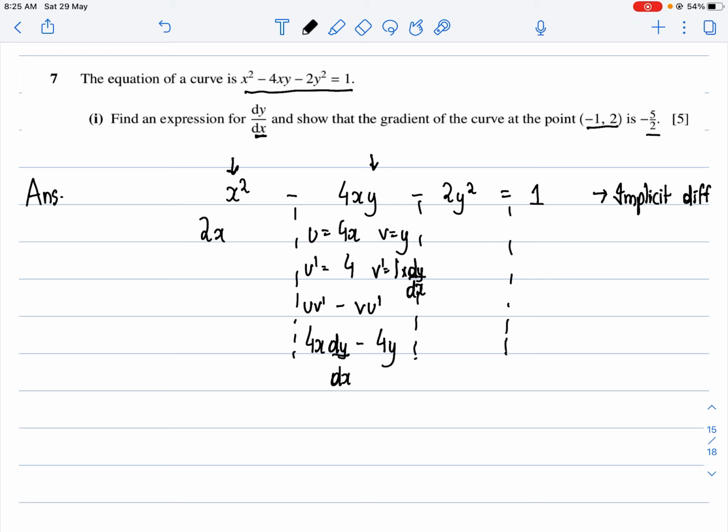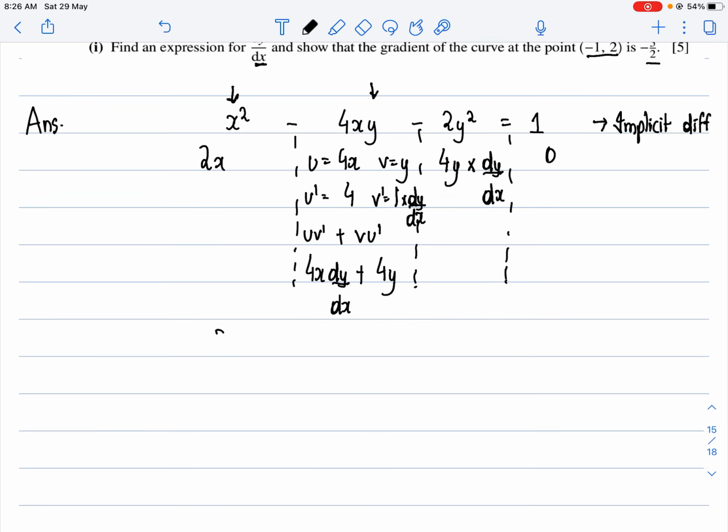My bad, it's plus in the formula, not minus. Now the differentiation of 2y square will be 4y, but whenever we differentiate y, we multiply it with dy by dx, and the differentiation of 1 is 0.